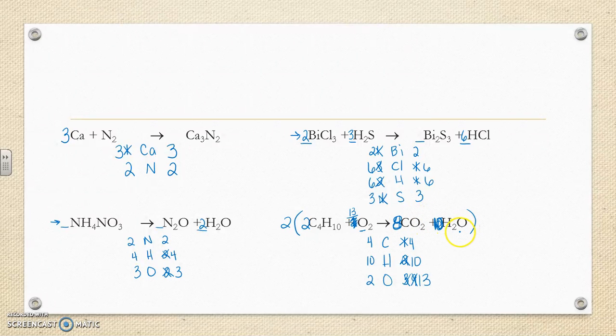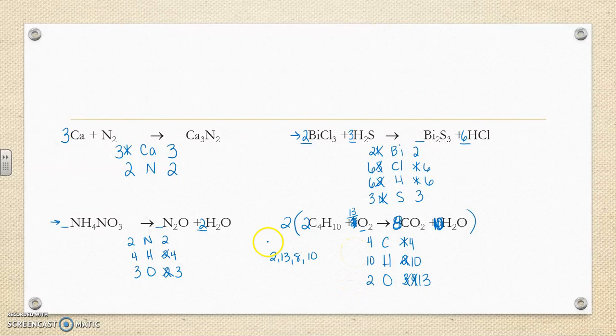Then you can go back through and check all your work to make sure that you did it right. So your coefficients there should be 2, 13, 8, and 10. I know you're probably like, whoa, she did some magic there. I really didn't. If you don't get it, it's not a big deal. We're going to do some practice problems like this in class, but I do want you to try it.